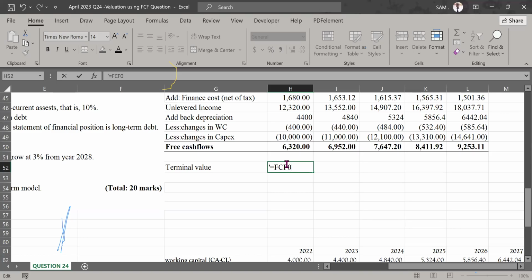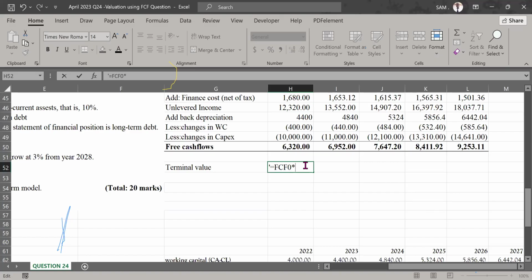I want you to note very well, when I talk about free cash flow at year 0, that we are talking about terminal. The word here is terminal value. So when I say here at year 0, I know someone is asking, which one is now year 0? Very good. From the word terminal, you should know which one is treated as year 0.